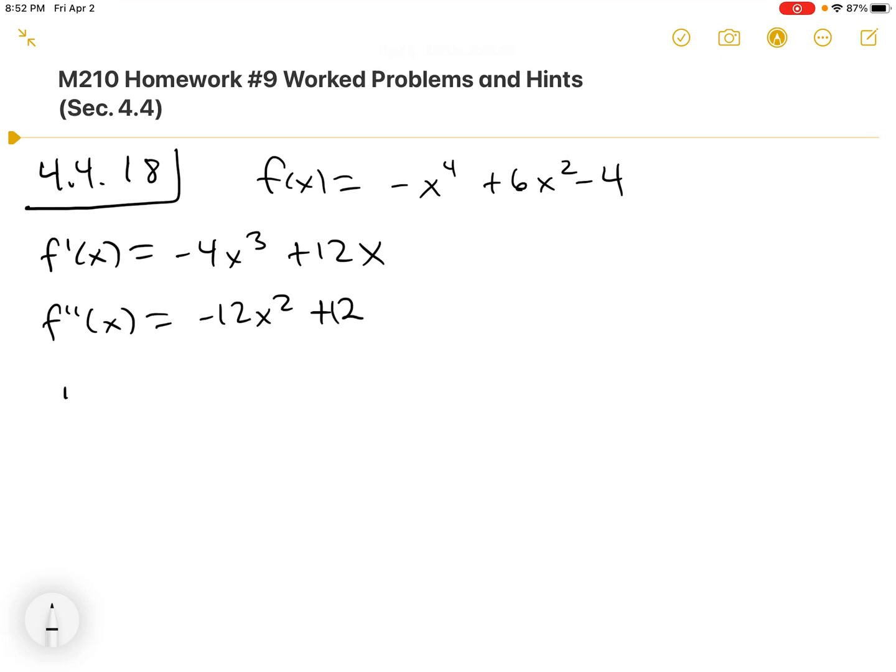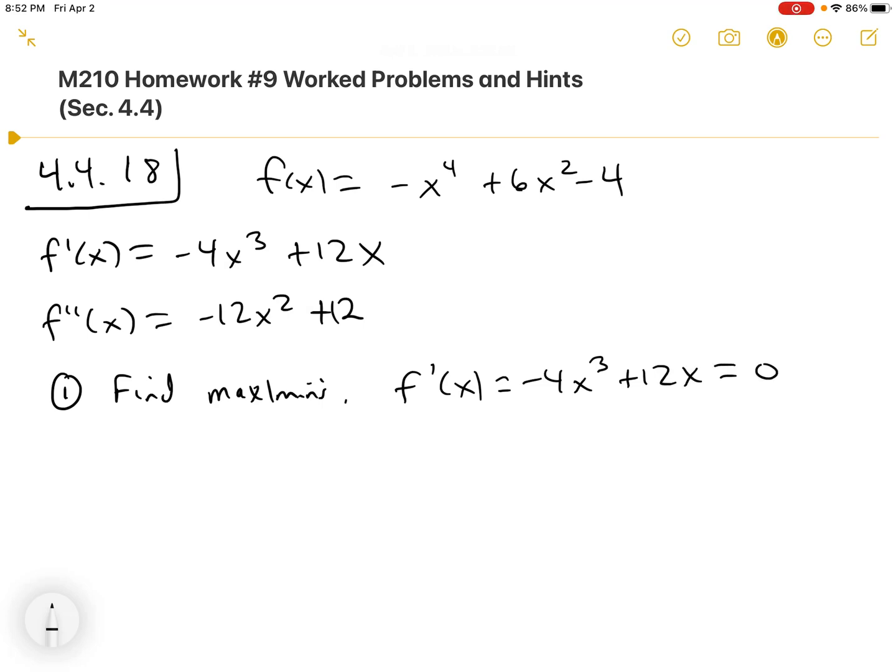All right, so let's find maxes and mins. So we take f prime of x, which is minus 4x cubed plus 12x.